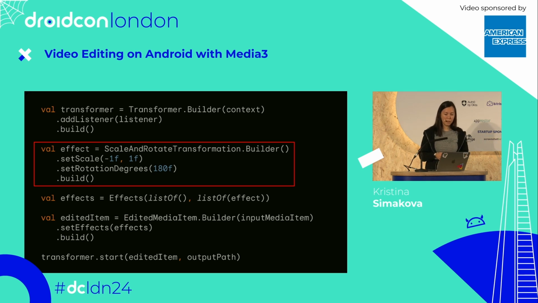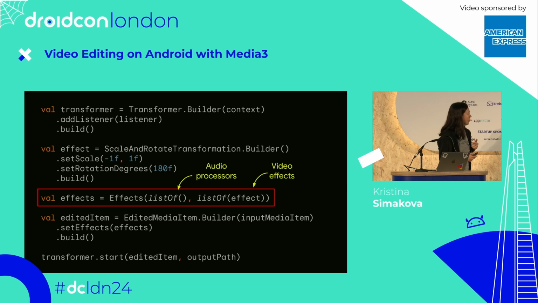For the first example, let's define a video effect that will flip a video horizontally and rotate 180 degrees. We will use scale and rotate transformation matrix effect and define it like this. Later, in this example, we don't have any audio processors, so we just pass an empty list.